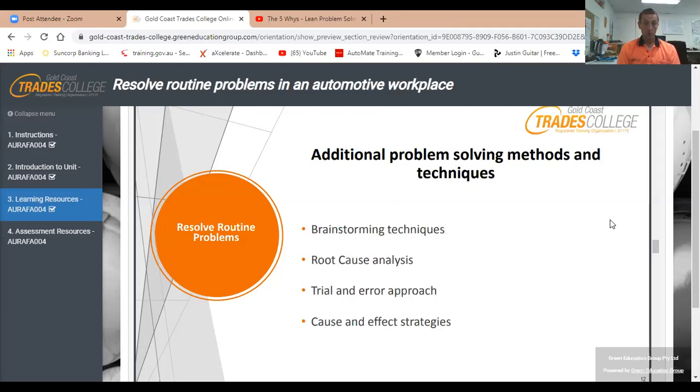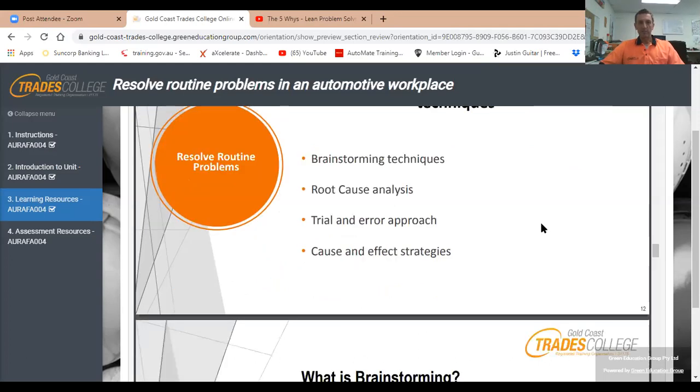Another one is called root cause analysis. Root cause analysis is getting to the bottom of the issue, the actual root cause of the problem. There's a trial and error approach, which is pretty self-explanatory. It's trying things and seeing if that works or seeing if it doesn't work. That's one method. And there are some cause and effect strategies as well. I'm just going to elaborate a little bit more on each one of those just now.